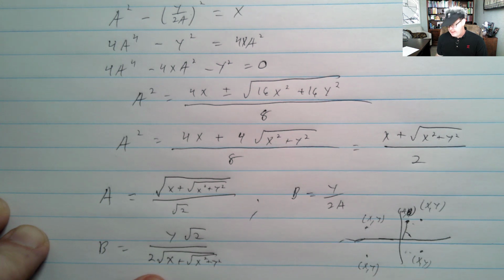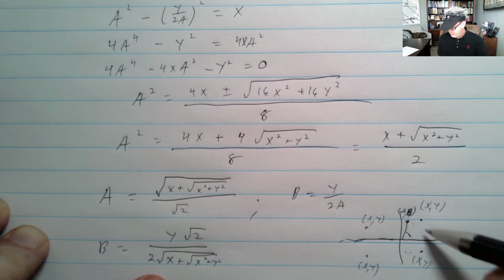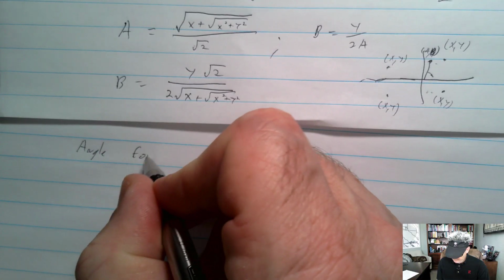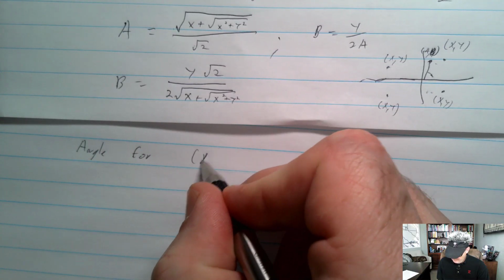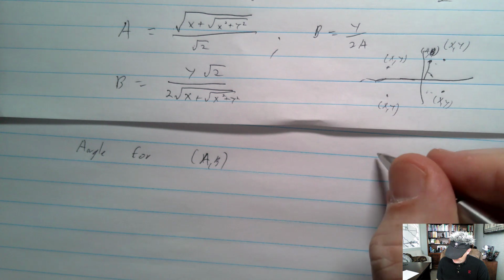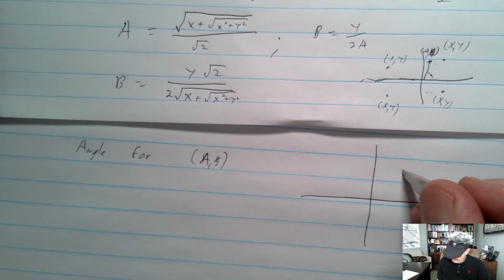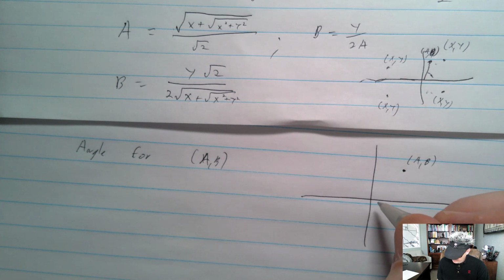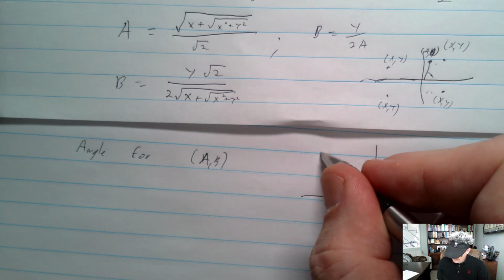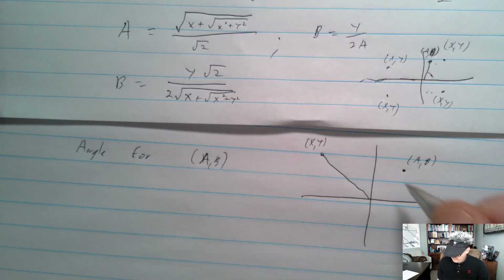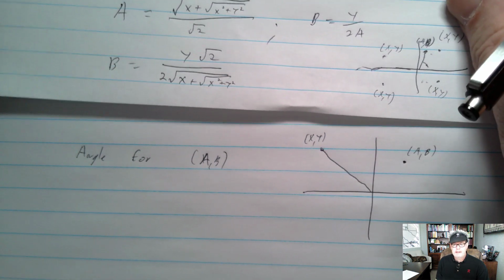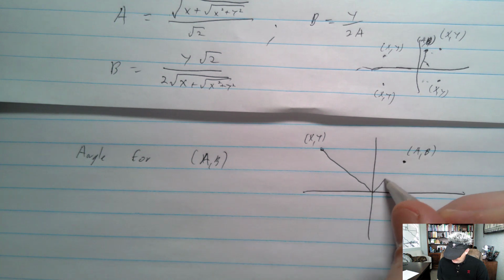And I can find the angle in quadrant 1 and 4 just by using arctan. We draw just a single one. Let's say that's AB. But remember, XY was actually picked first. So if you pick an XY, you can find the AB. And then I can find that angle to AB.